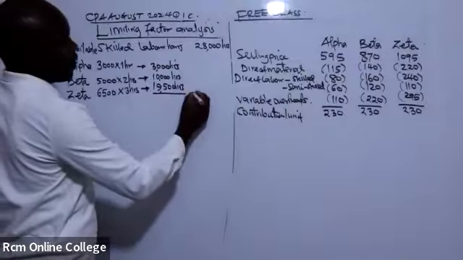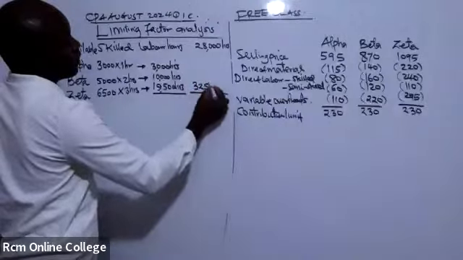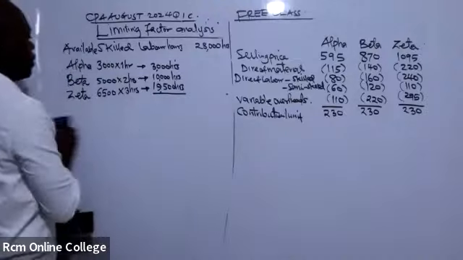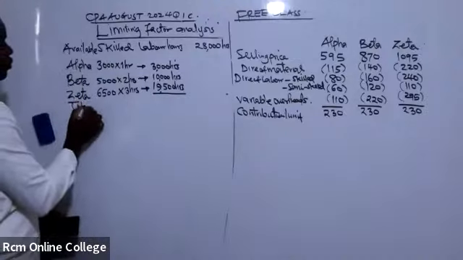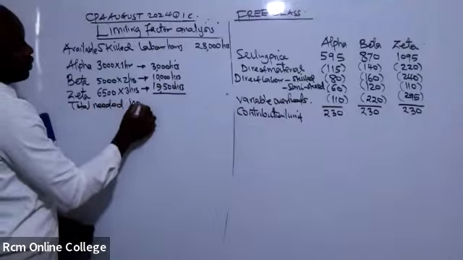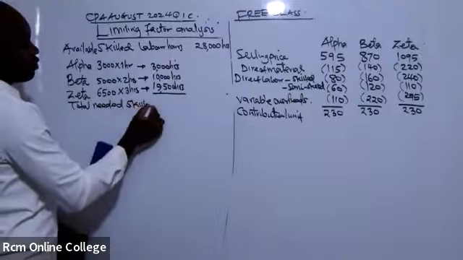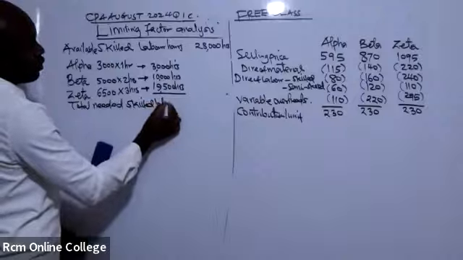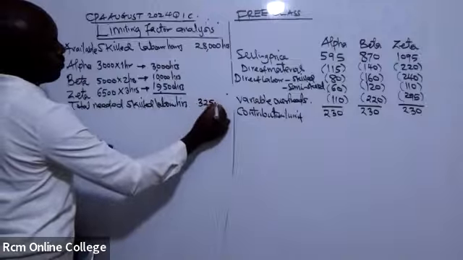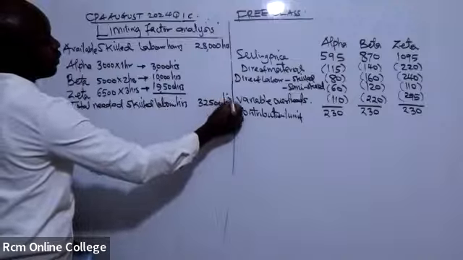So I'll come here and write: total needed skilled labor hours is 32,500 hours.